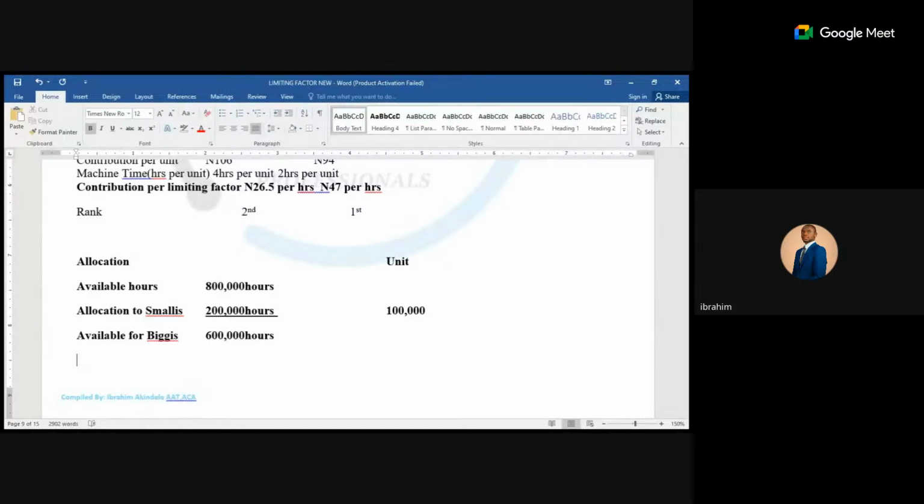So allocation to biggies, we'll just allocate the one that we have, which is 600,000. Then we'll check how many units we can produce. So 600,000 divided by the hours per unit, 4 hours per unit.